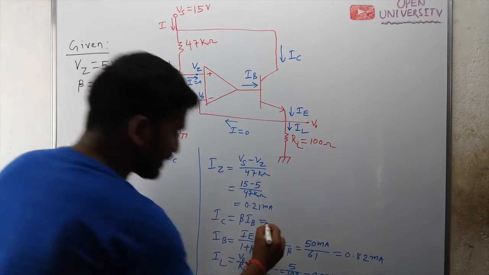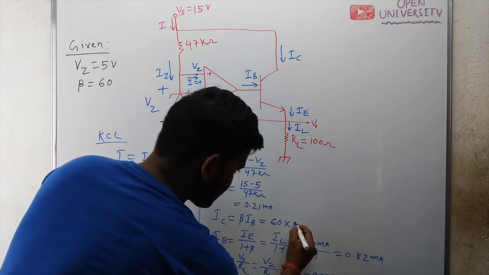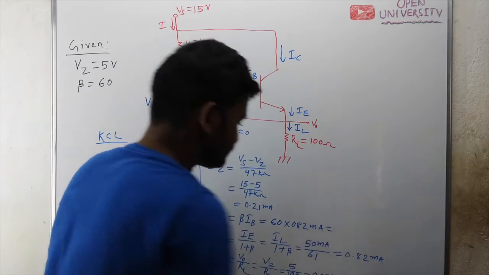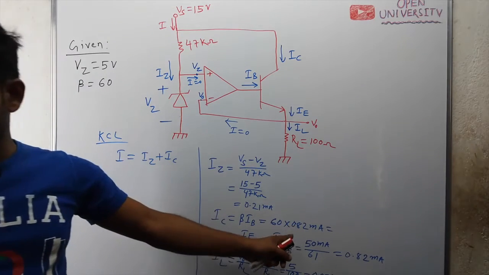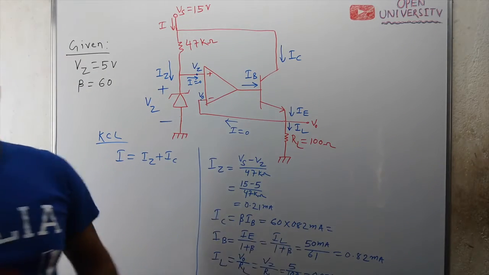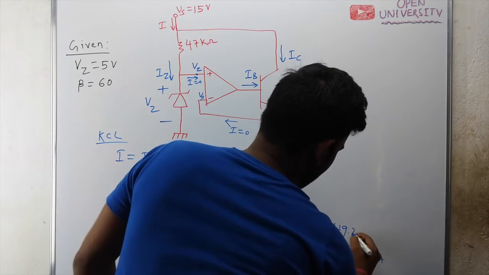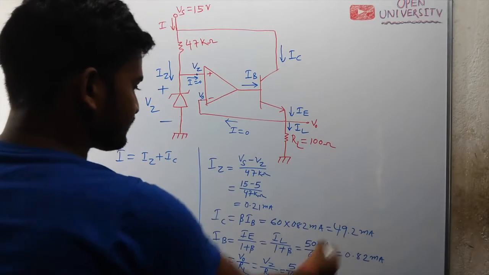IC will be beta, which is 60, times IB, that is 60 times 0.82 milliampere, which is 49.2 milliampere. This is the value of IC.